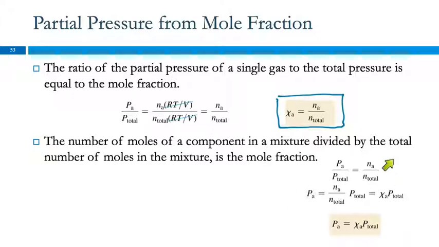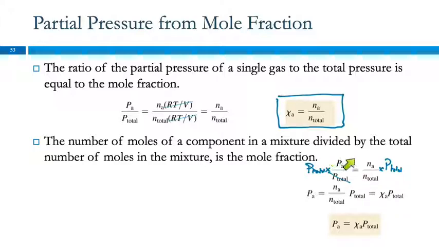So this rearranging here, we've taken P_A over P_total is equal to n_A over n_total. So we can solve this for the partial pressure of gas A. Here, I'll write it out because it's a little hard just to look at it that way. Just multiplying both sides by P_total, so the P_totals cancel out.